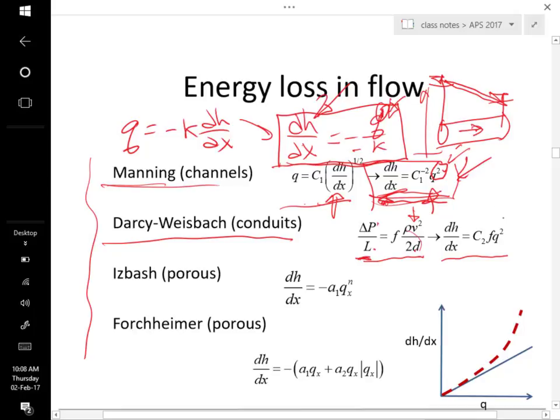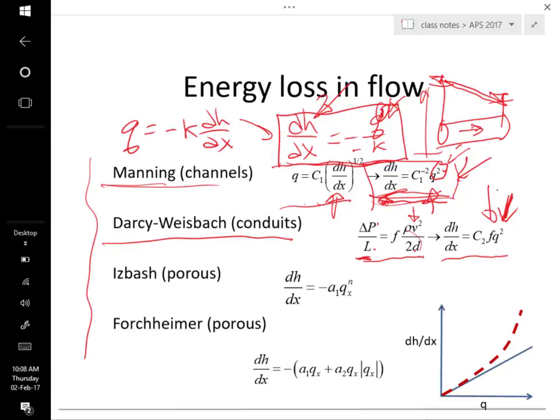We see the squared term there, but we also have this f. This f is called the friction factor, and as it turns out, f is a kind of complicated quantity. It changes with the flow, and I'll show you more about that in the next slide.